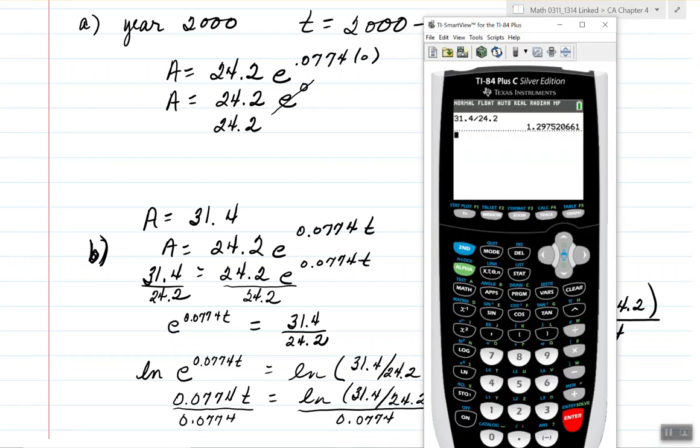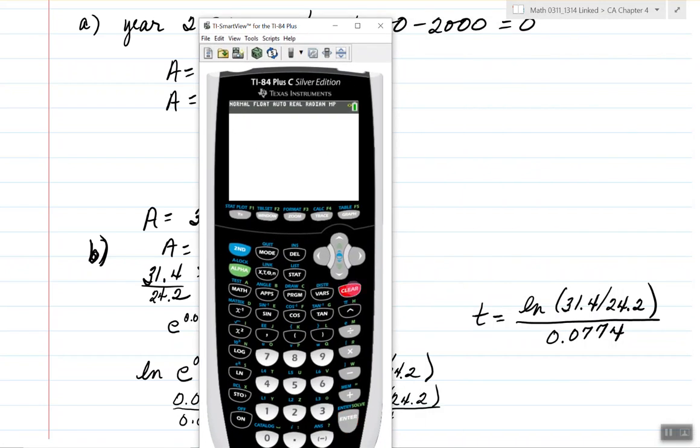What in the world is that equal to? And then I'm going to show you a calculator way to do it. All right, the numerator is ln of 31.4 divided by 24.2, all of that, divided by 0.0774. All right, this is t.